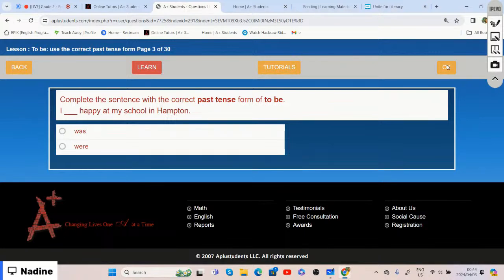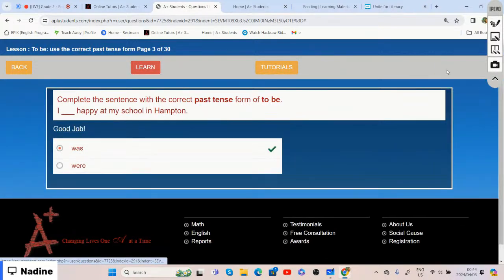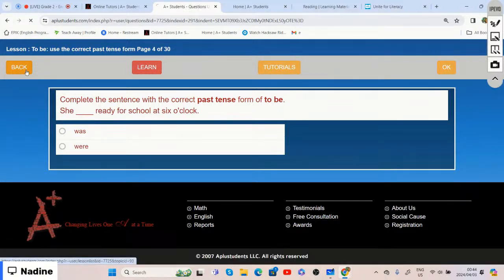All right, and if we choose the past tense form of to be, then we can say I was happy at my school in Hampton. So well done.